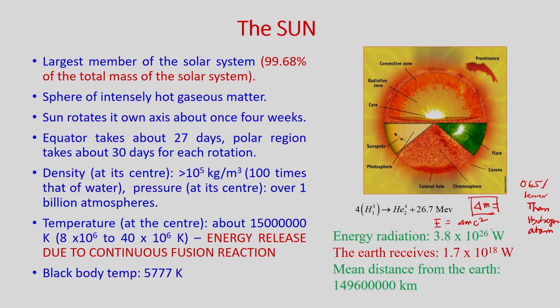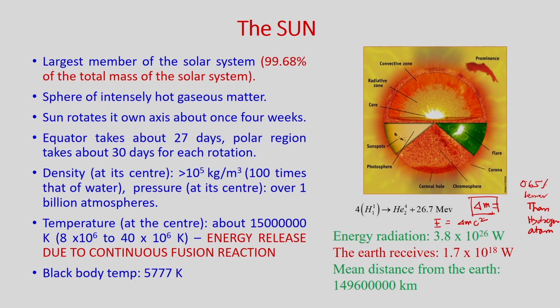Here c is the velocity of light, which is equal to 3 into 10 to the power of 8 meters per second. If we substitute this delta m and c, then we can calculate the energy generated in the sun.